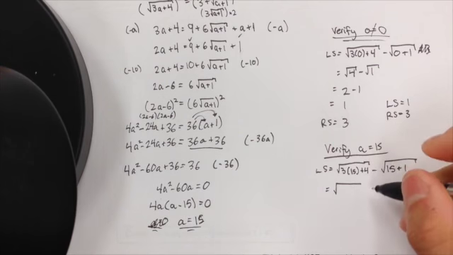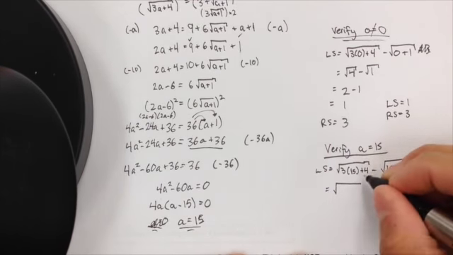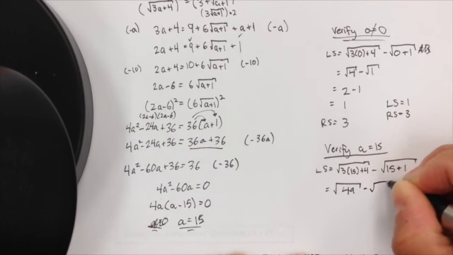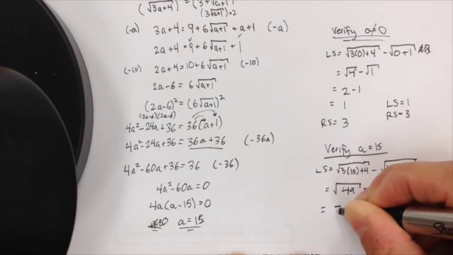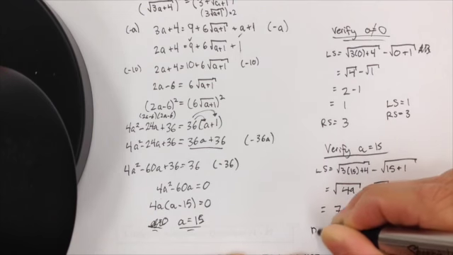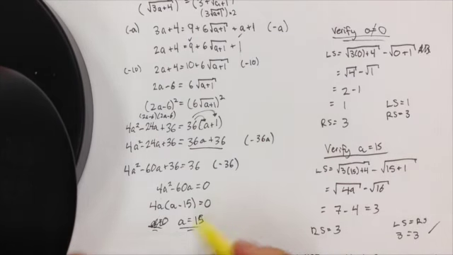So 3 times 15 is 45, plus 4 is 49, minus square root of 16. That's going to be 7 minus 4, and that is equal to 3. Our right side equals 3. Left side equals right side, because 3 is equal to 3. Therefore, it works, and there's our solution. a is equal to 15.